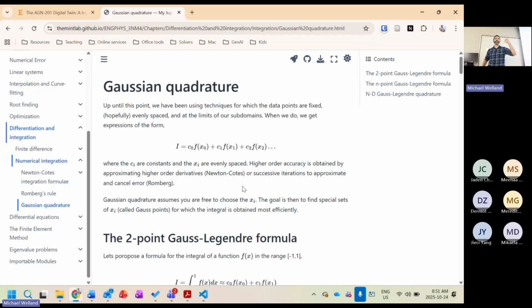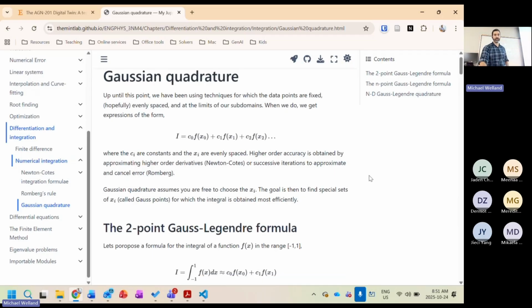We measured it at time 0, time 1, time 2, time 3, whatever you want. And when you do that, you get something that goes like this. The integral is some constant c0 times f at x0, c1 times f at x1, and so on. The c's are constants that depend on the algorithm, and the xi's, your sampling points, are evenly spaced. And then what you do is you combine this and mix and match to get better answers.